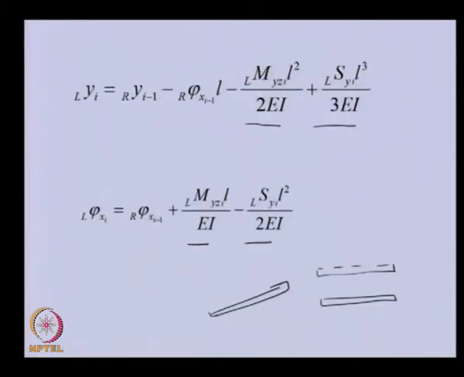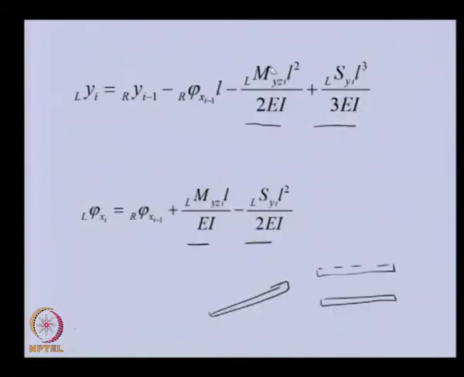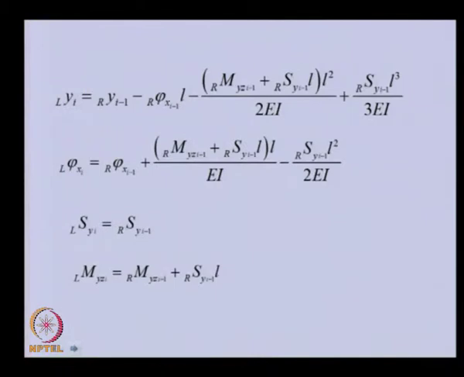Now I am replacing it with this moment, because we already have these relations. I am just substituting this expression here, so that all the terms on this side are right of I minus 1 disc terms. Similarly, in the angular displacement case, replace this term, and these are the two relations which we obtain for the shear force and bending moment. There is no change in this.